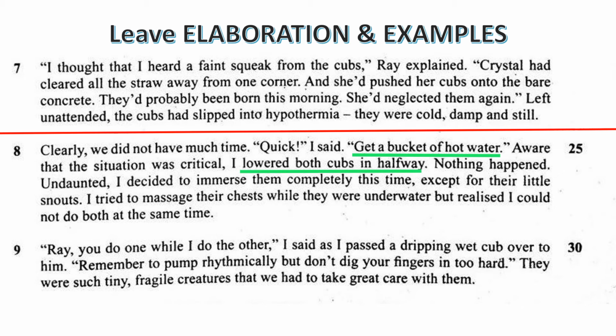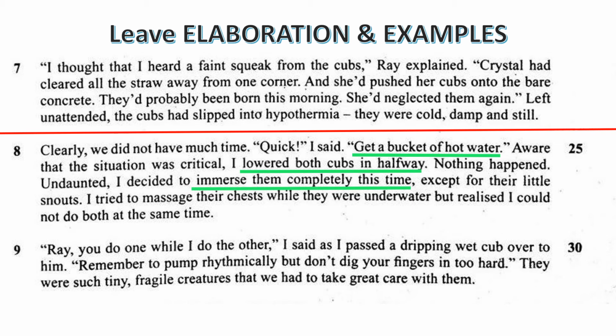So the first part of the sentence, aware that the situation was critical. Is that important? No, that is an elaboration. So you do not need to include that. Nothing happened. And then after that, undaunted, I decided to immerse them completely this time, except for their little snouts. So the verb here is decided to immerse them completely this time.